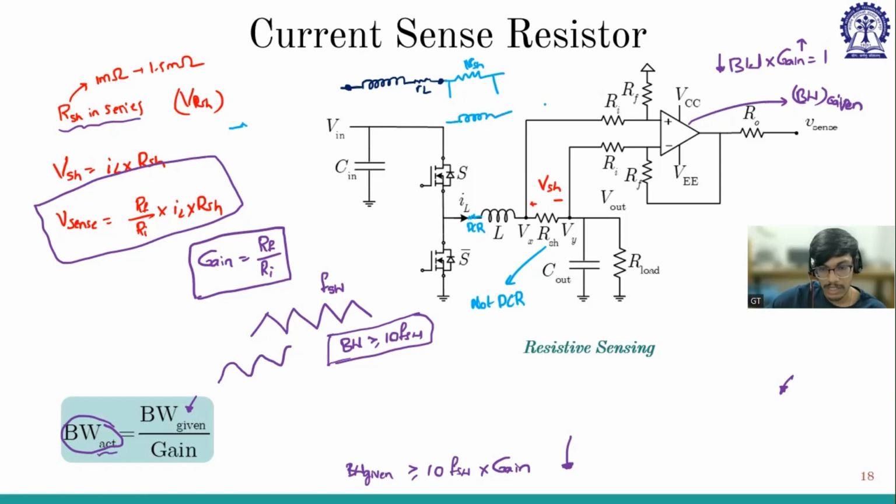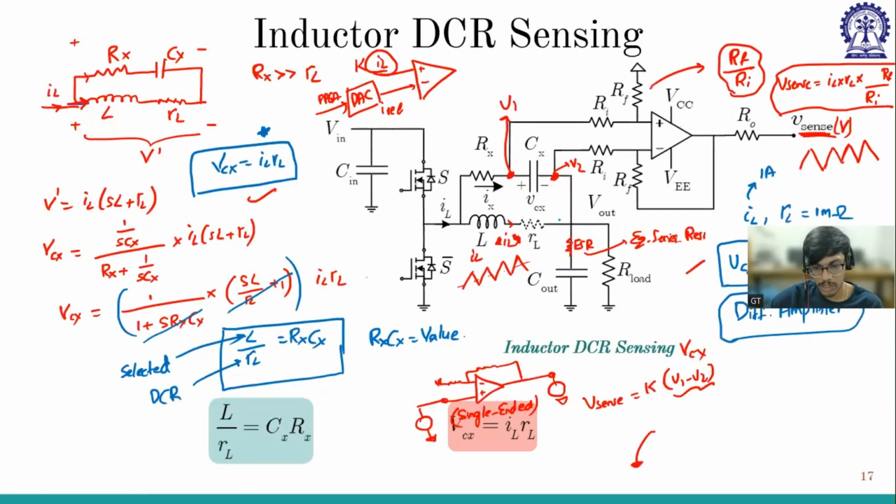The inductor has two terminals, right? Within the two terminals only, in between, we have this DCR. So when we are tapping these two points, these two are the inductor tapping points, and within the inductor only we have this equivalent resistance.